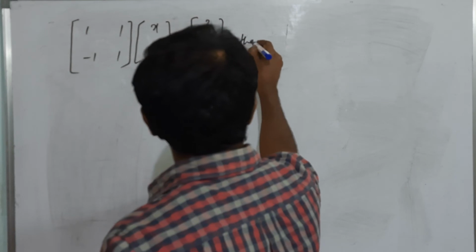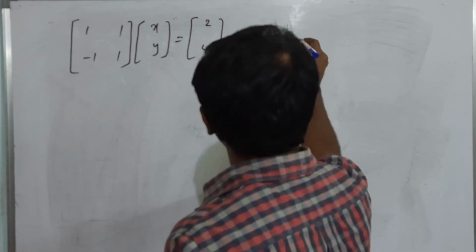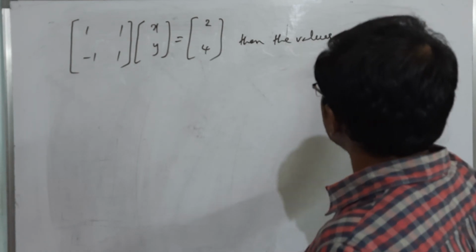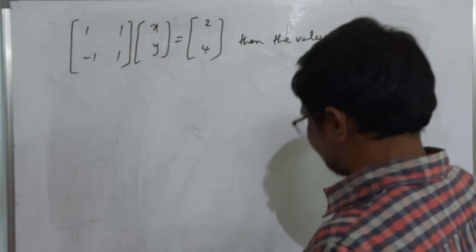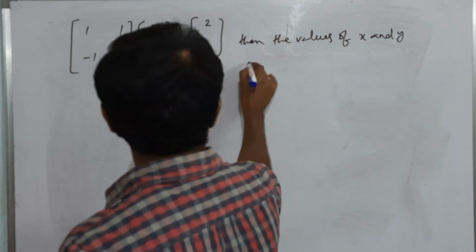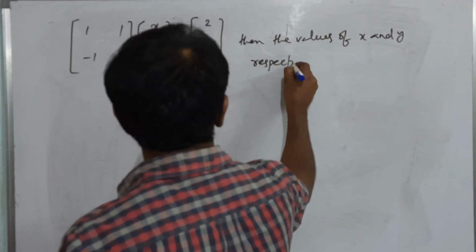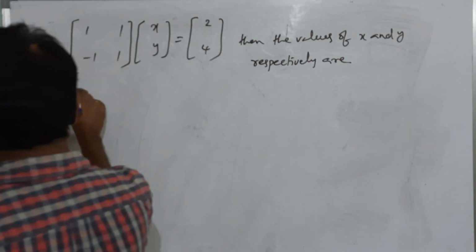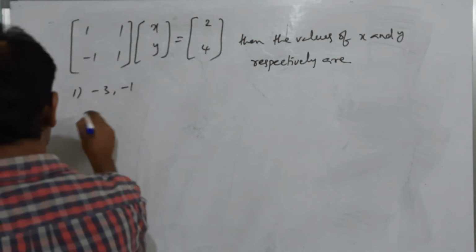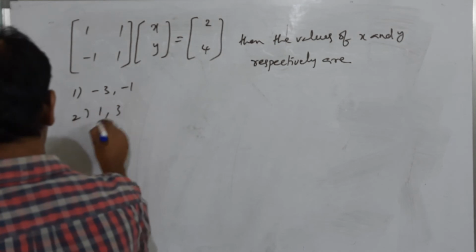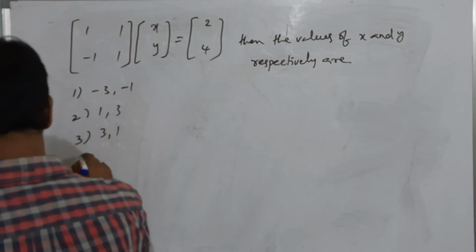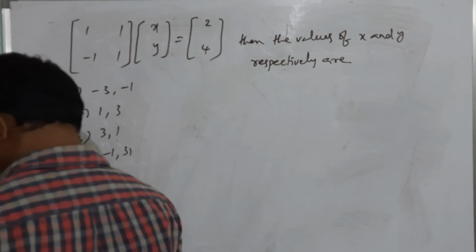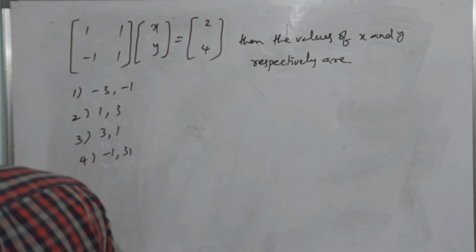So then what they are asking, the values of x and y respectively are. First option they given minus 3, minus 1, and second option 1, 3, third option 3 comma 1, and fourth option is minus 1 comma 3. Right.